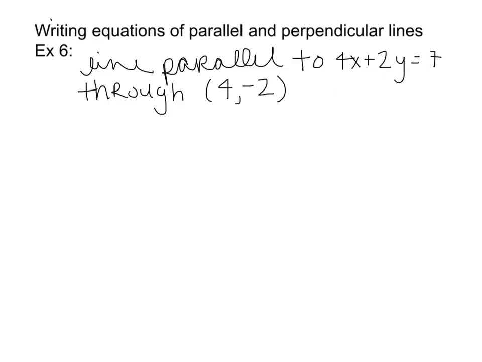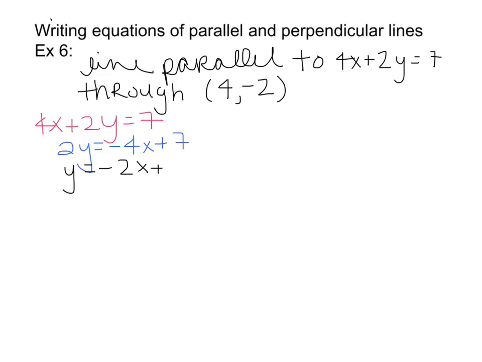So I'm going to solve for y so I can find the slope easily. I'm going to subtract 4x, so that gives me 2y equals -4x plus 7. And then I'm going to divide everything by 2, so that gives me y equals -2x plus 7/2. So now I can easily determine that my slope is -2.